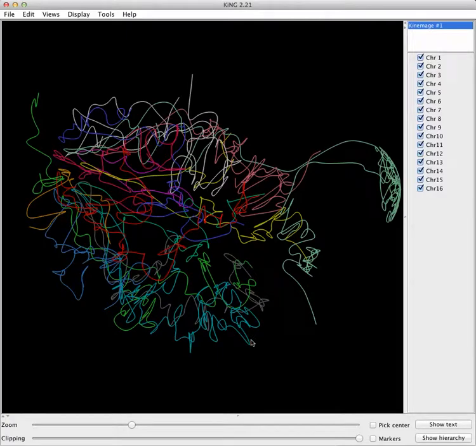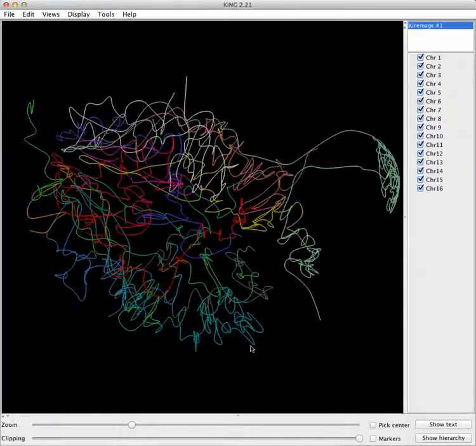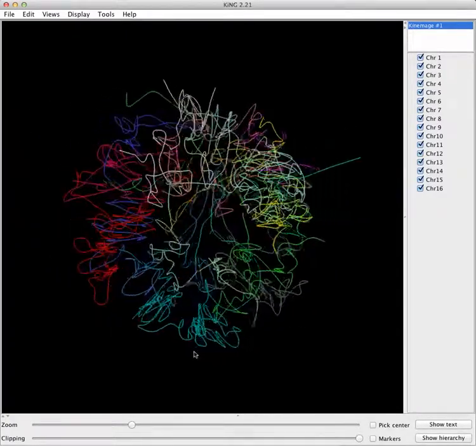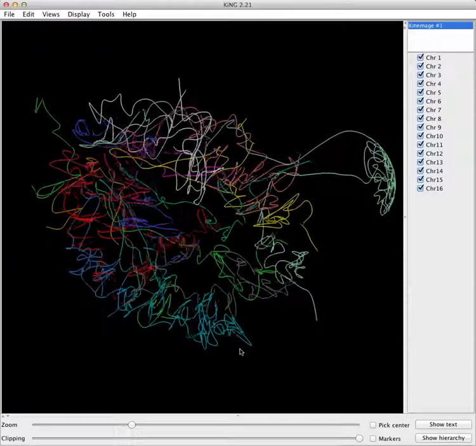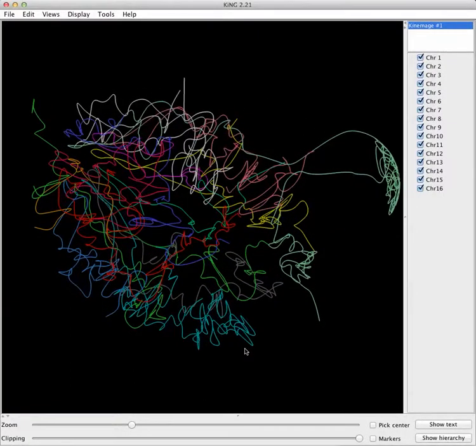So this is very interesting because for the first time you see just how complex the nuclear structure of the yeast genome is.